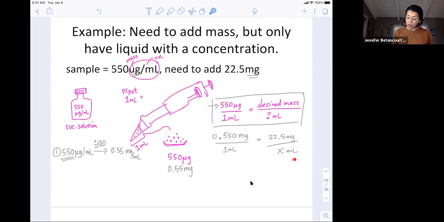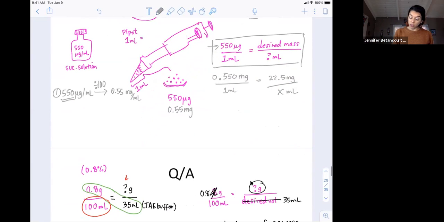And then this is the value that you're solving for. And so then she said that she did crisscross multiplication. So the second part is to solve for X mils. So to do that, it's 22.5 milligrams times 1 milliliter divided by 0.55 milligrams.